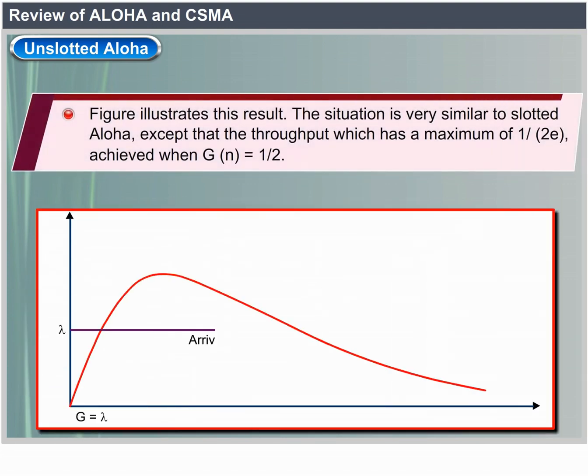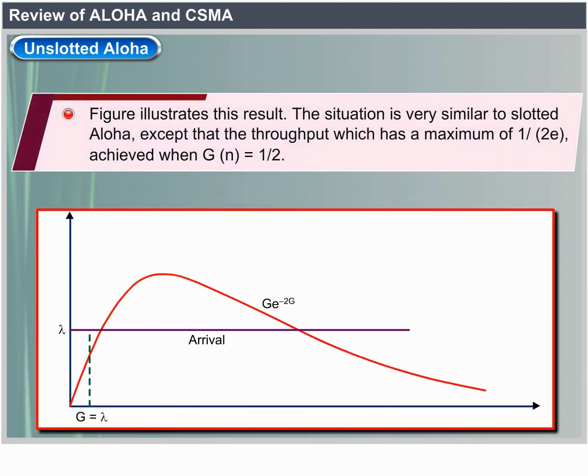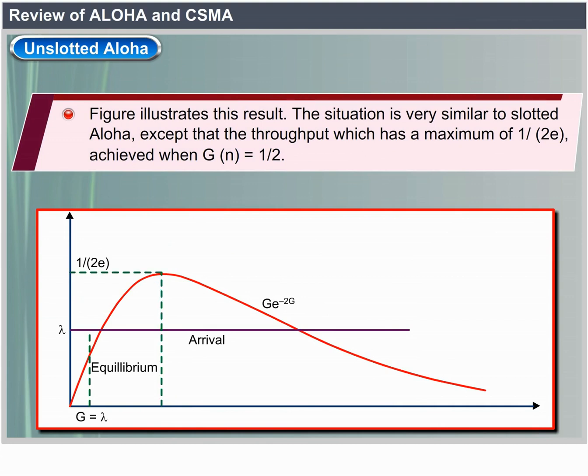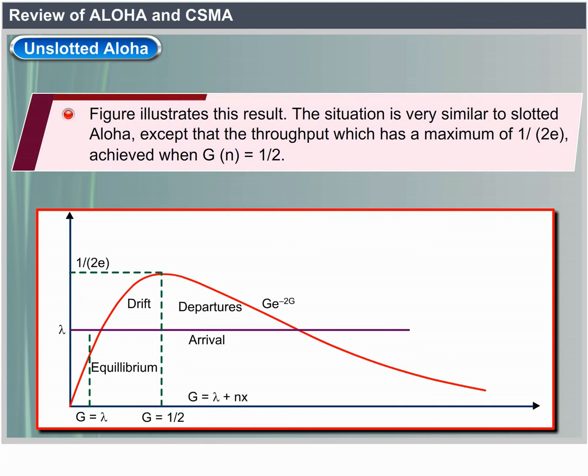The situation is very similar to that of slotted aloha, except that the throughput has a maximum of 1/2e achieved when g is 1/2.